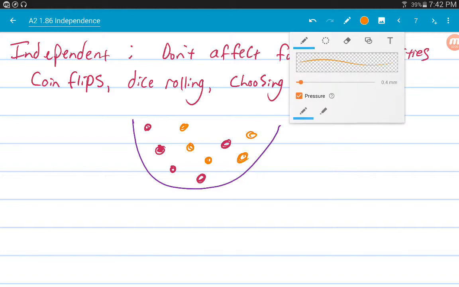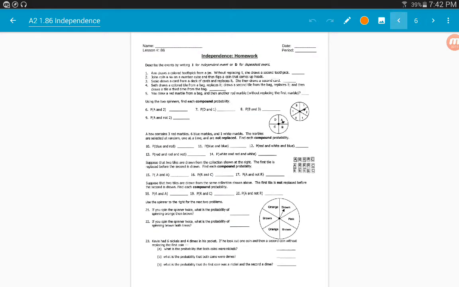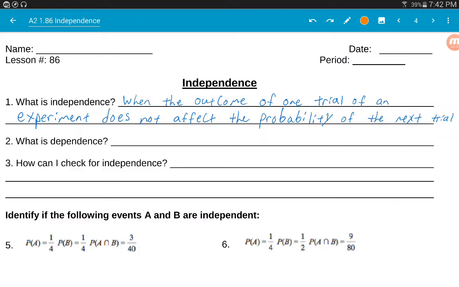Now, dependent. Dependence is, simply, not independent. The keywords that typically mean we're dealing with dependence are "without replacement." And what happens is the sample space tends to get smaller. That doesn't have to be the outcome, but very often we have 1 less in the sample space.